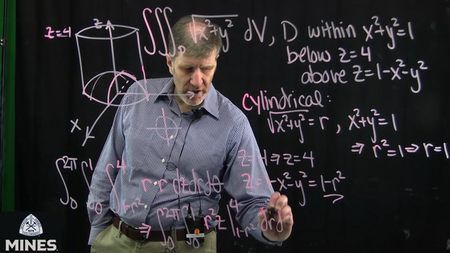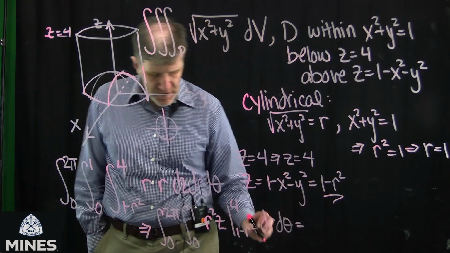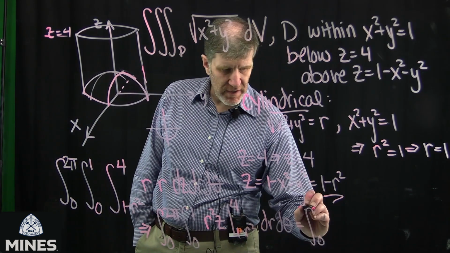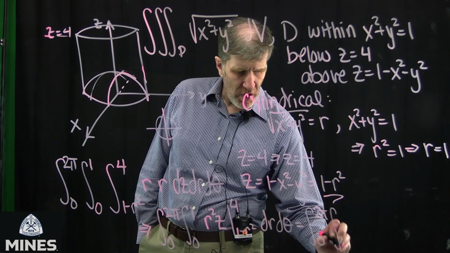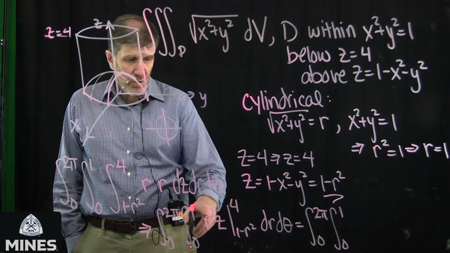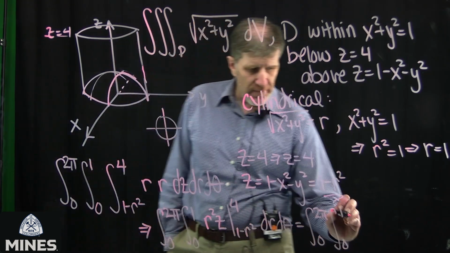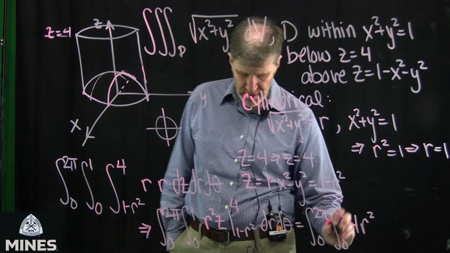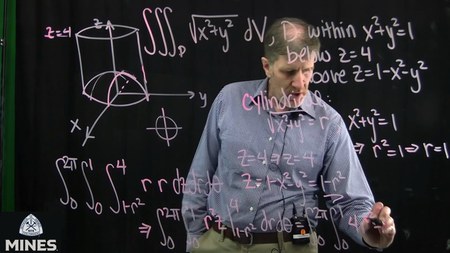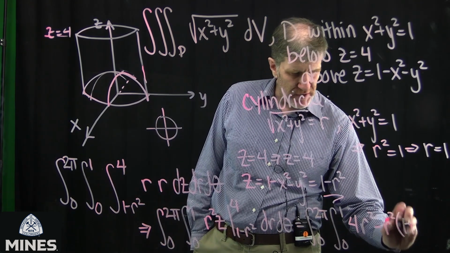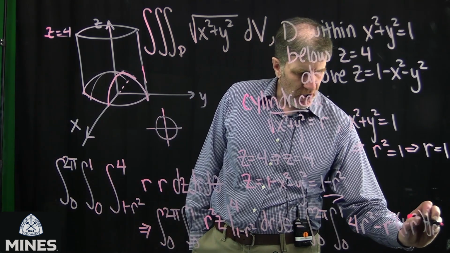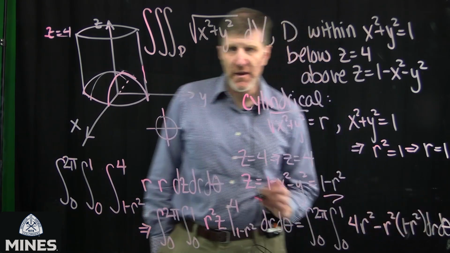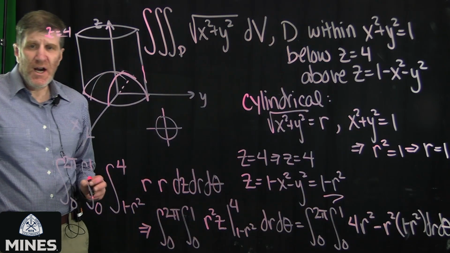And then we have the dr d theta. So that will look like an integral from theta equals 0 to 2 pi, r equals 0 to 1. When we plug in these values, we have 4r squared minus r squared times 1 minus r squared dr d theta. We'll leave it there.